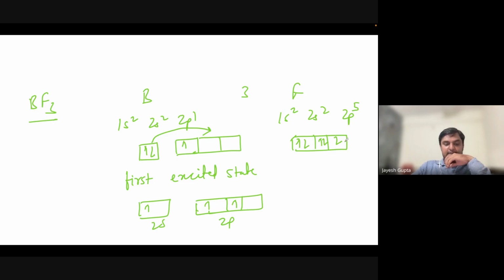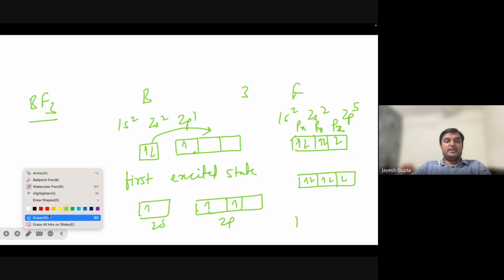Each fluorine will have 1 unpaired electron. It's better to use different types of orbitals. For example, if I write px, py, pz, the single electron is kept in pz here.